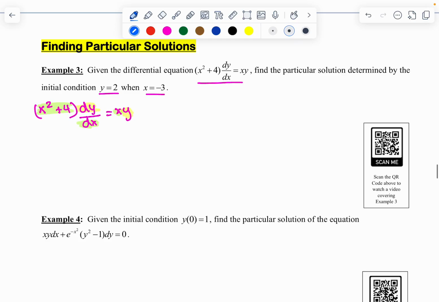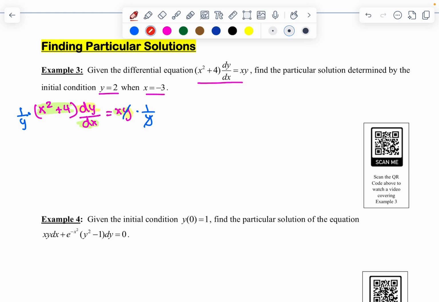Well, step 1 is I can divide, or just for showing correct notation, I'm dividing by y on this side. So I'm going to divide by y on this side. By doing that, this y cancels out and it moves over.